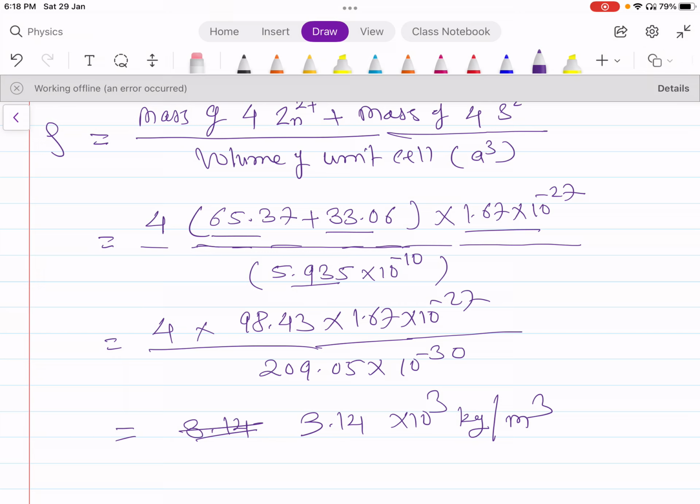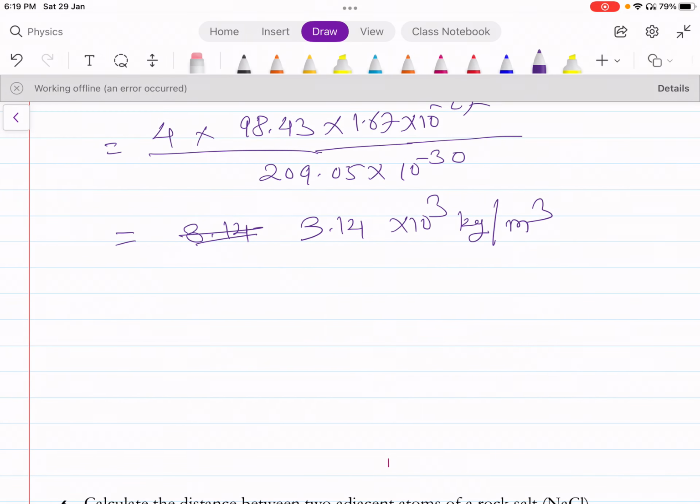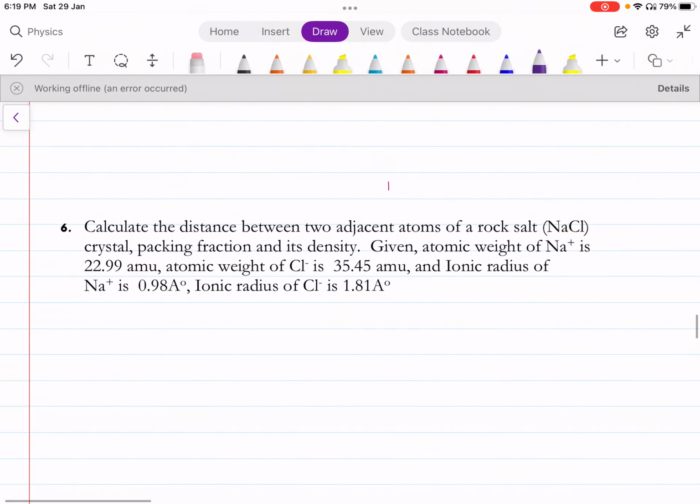So we solve all the problems like simple cubic diatomic, simple cubic monoatomic. Few problems we have solved: simple cubic diatomic, FCC diatomic NaCl type, and FCC diatomic diamond type. Let's take one more problem of NaCl here.